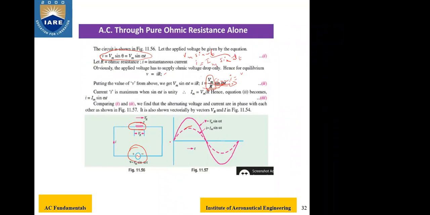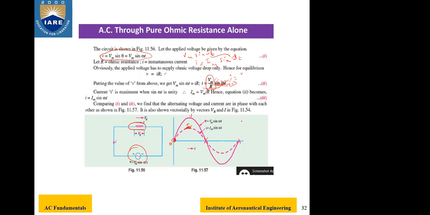Both waveforms start at the reference. So the angle is the same, but the magnitude is different, because I is equal to V by R, so we get a lower value for the current. Angles start and end at the same point, but the magnitude differs. Voltage is higher, but the current is lower.